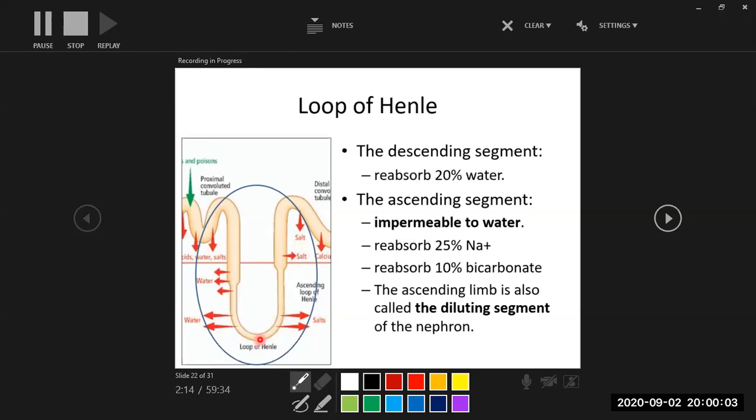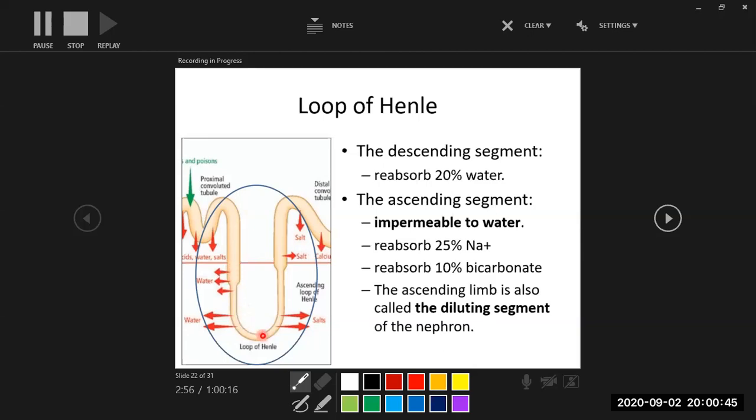Basically, following this turning point, the remainder of the nephron is impermeable to water, except for the effects of ADH. So without ADH, it's impermeable to water from this point on. Okay, and so here is the reabsorbed water. This is the portion with higher concentration in the environment, driving the extra water reabsorption. So water gets reabsorbed, and the urine will get concentrated here.